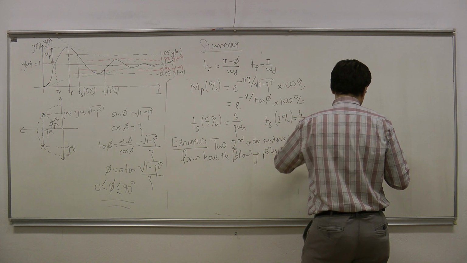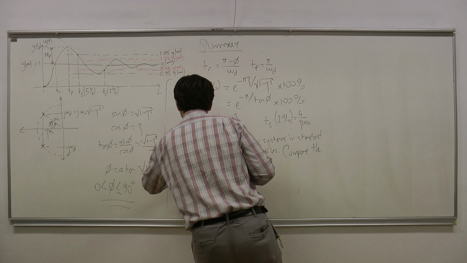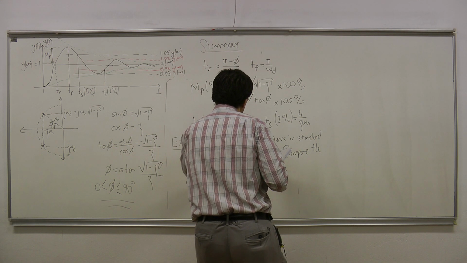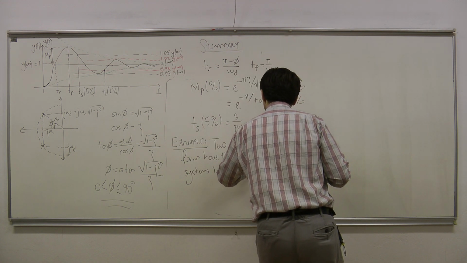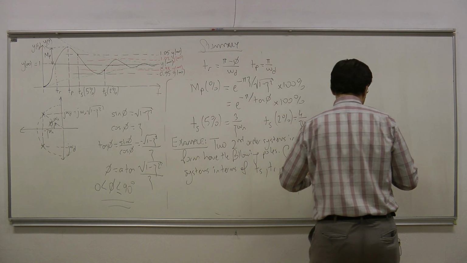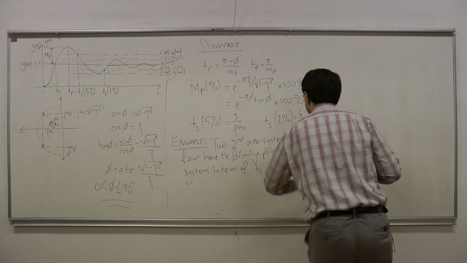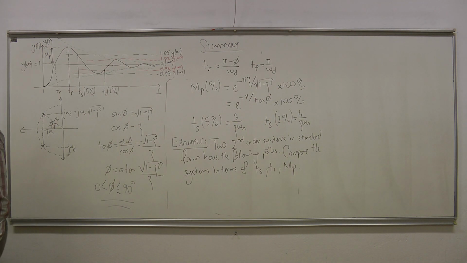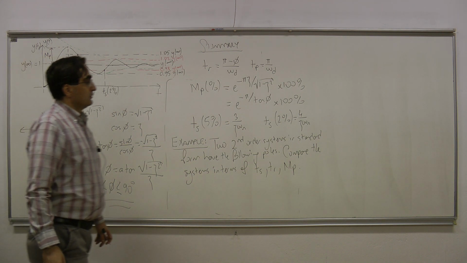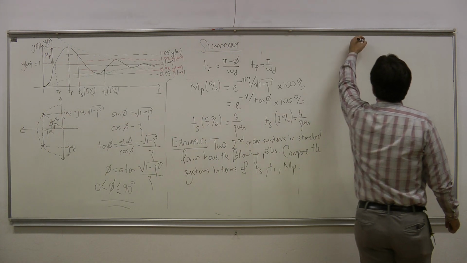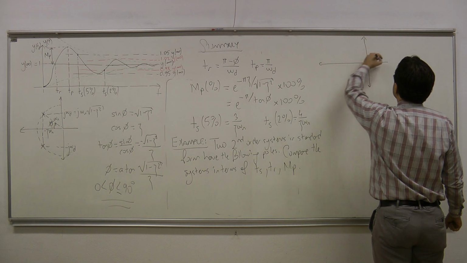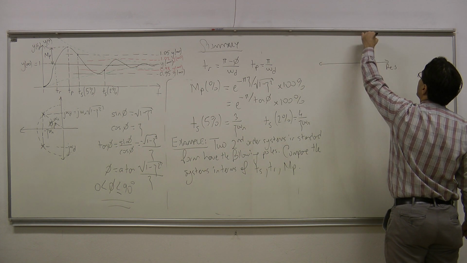Compare the systems in terms of Ts, Tr, and the maximum overshoot. So we are going to be given pole locations of two second-order systems in standard form.